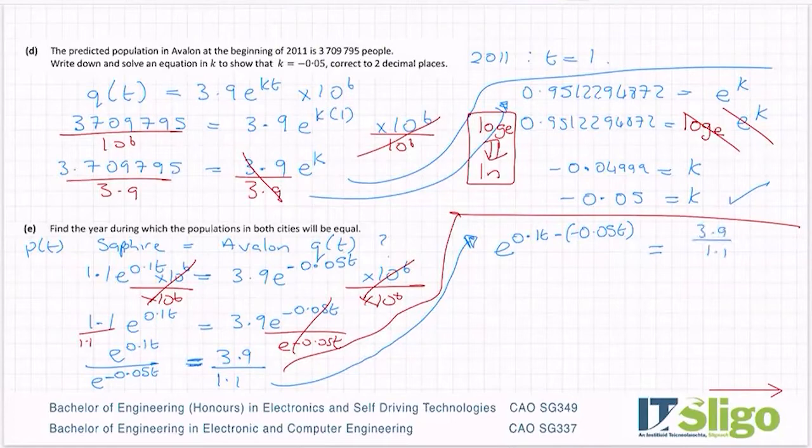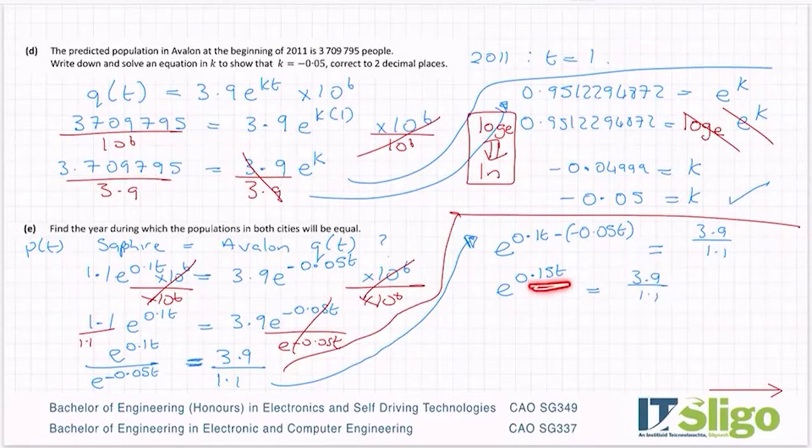Okay, so 0.1t minus minus 0.05t, so 0.1 plus 0.05 is 0.15. Okay, so I'm getting e to the power of 0.15t is equal to 3.9 over 1.1.